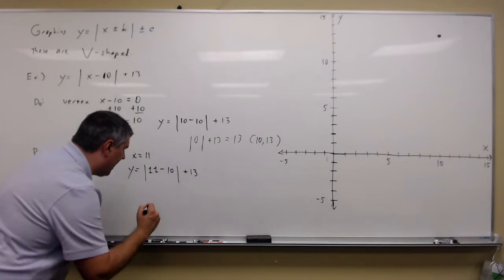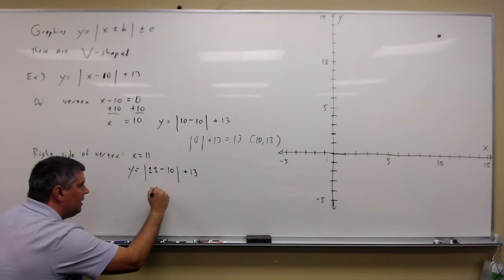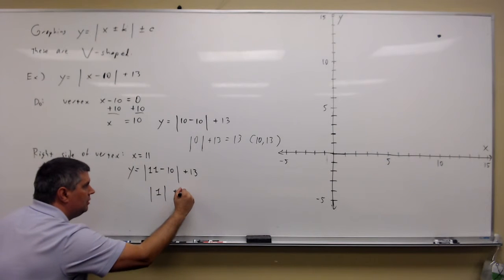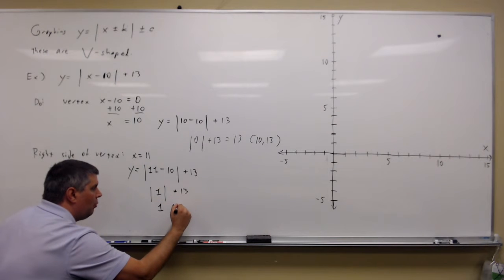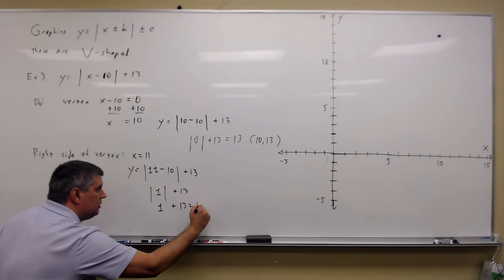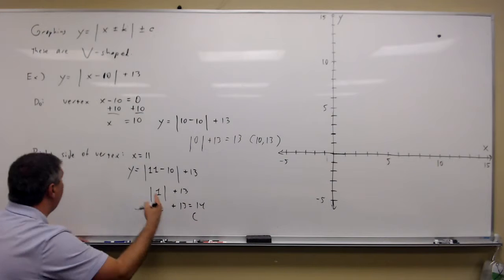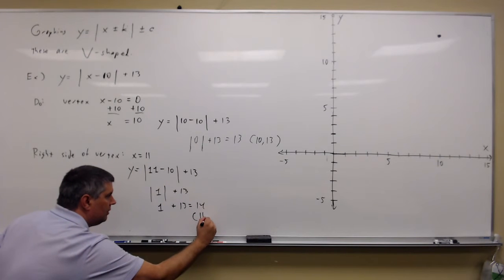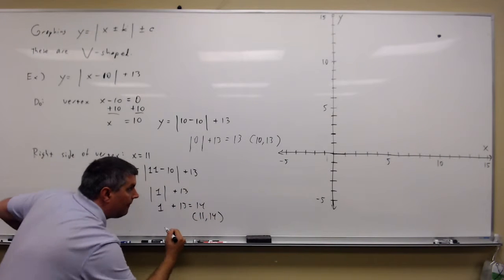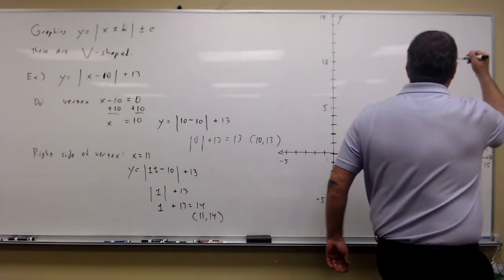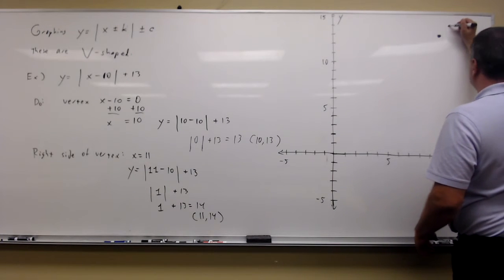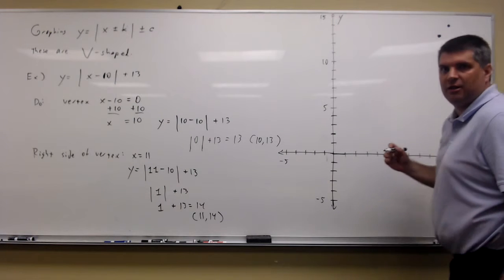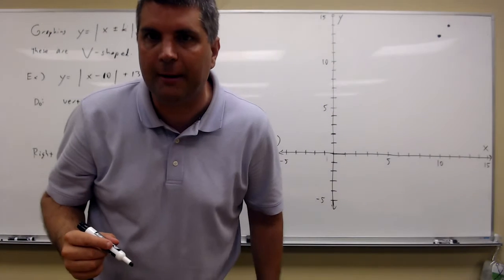Well, that's going to be the absolute value of 1, because 11 minus 10 is 1. And the absolute value of 1 is 1. So that's 14. So this point will be 11, 14. So 1 over, 1 up. Let me be sure that looks right on camera.